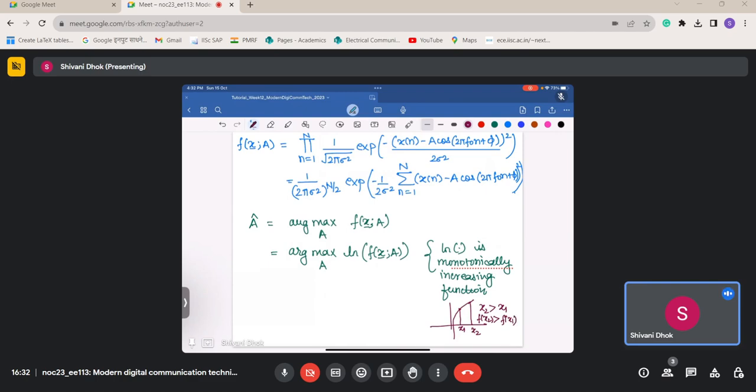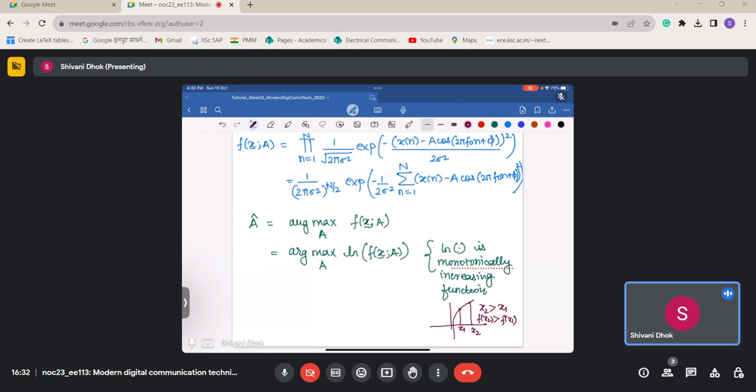So if you are maximizing a function f, it is equivalent to maximizing it as the argument of a log or any monotonically increasing function. So this becomes a valid argument.